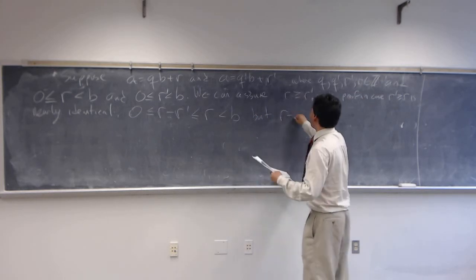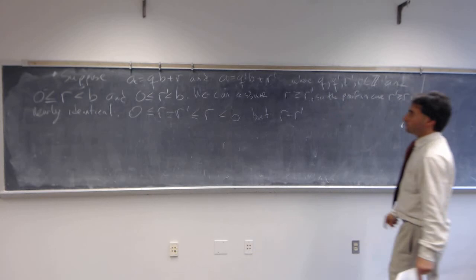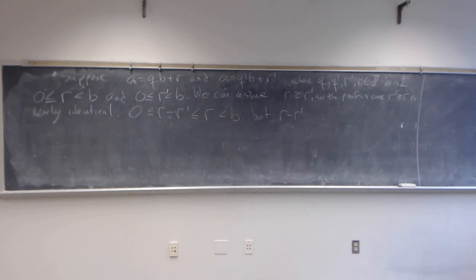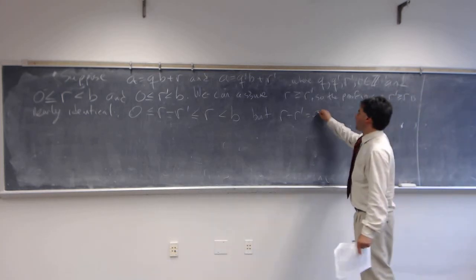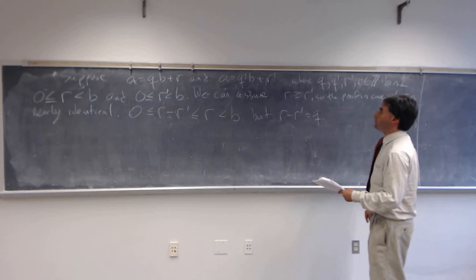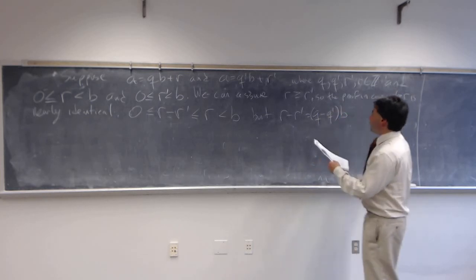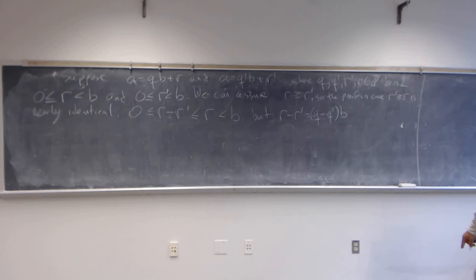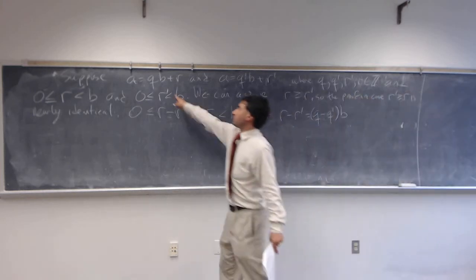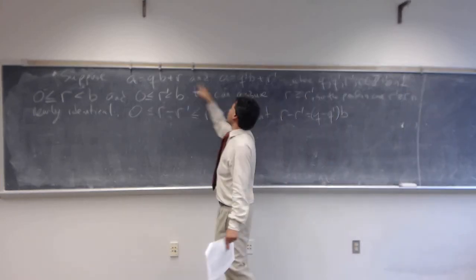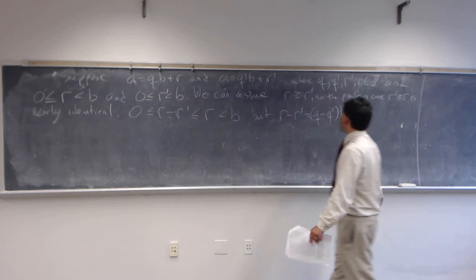But if we look at R minus R prime, solving both those two equations, the A term would cancel, and we'd just be left with QB minus Q prime B, or Q minus Q prime times B. Again, that's subtracting this expression minus this expression.